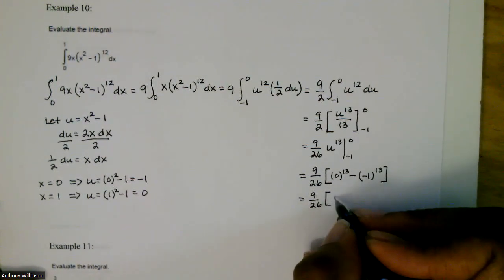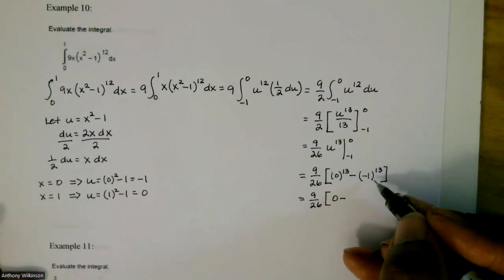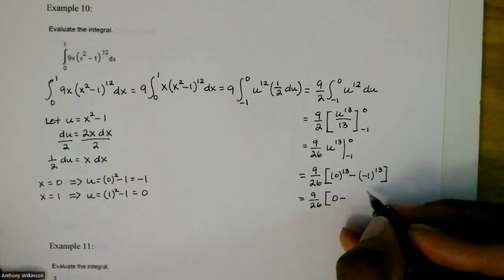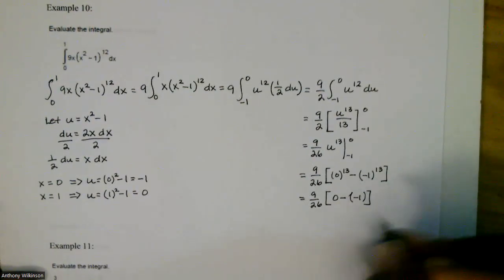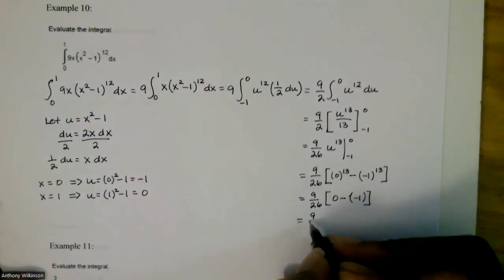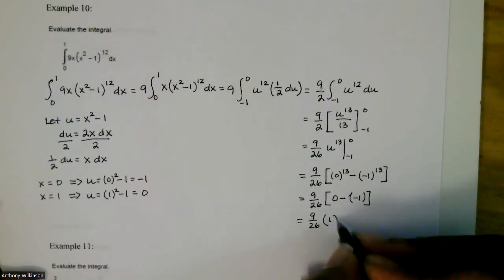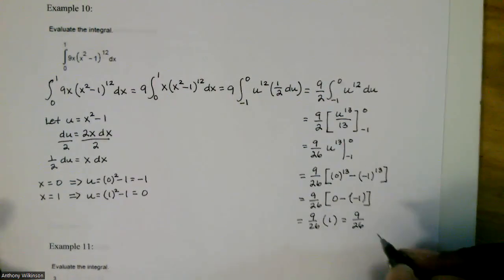Zero to the 13th power is 0, minus a negative to an odd power will be negative, so -1 to the 13th power will be -1. So here, 9/26 times (0 minus a -1), which will be +1, so 9/26 times 1 will be 9 over 26.